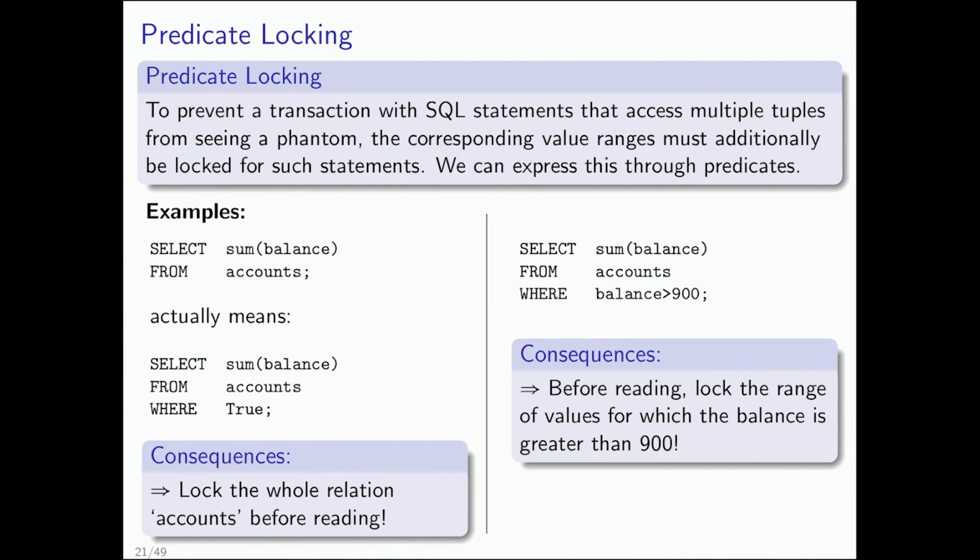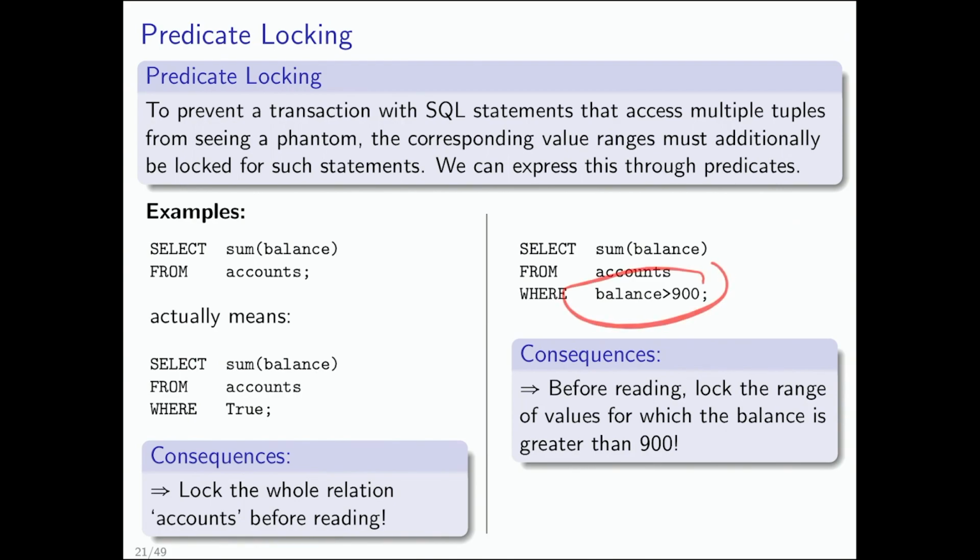And how that is fixed is through predicate locking. So not locking a single tuple anymore. Now we're going beyond that and say, okay, to avoid this kind of stuff, we have to lock entire ranges of domains in the database. So when we have a query like that, we have to make sure that no one messes around with data where the balance is greater than 900.